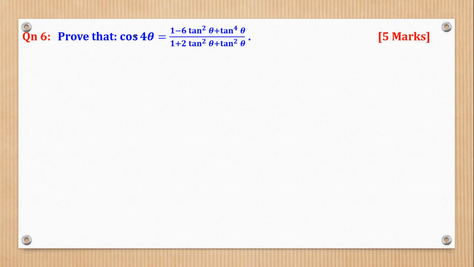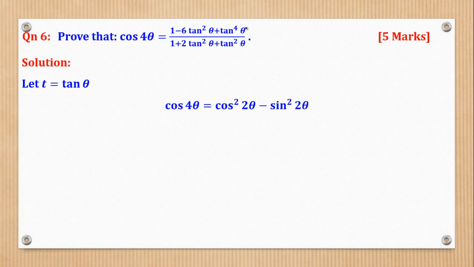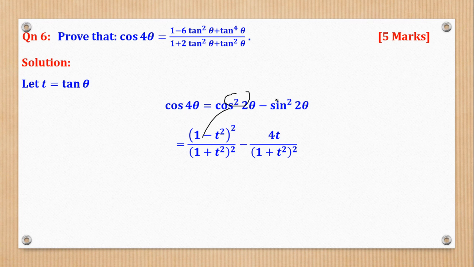Then question 6 says, prove that cos theta is equal to this. So let t be equal to tan theta. So cos 4 theta is equal to this minus this. I think we know that. Then cos squared this gives you this, and sin squared this gives you that, in terms of t formula.